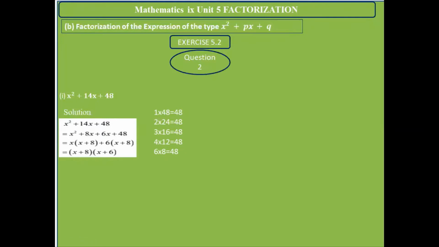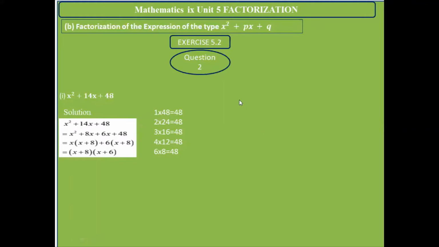It means we have two factors, one is 48 and second is 1. When we add these two factors we have 49, and when we subtract we have 47. Our requirement is 14, so I need another factor.